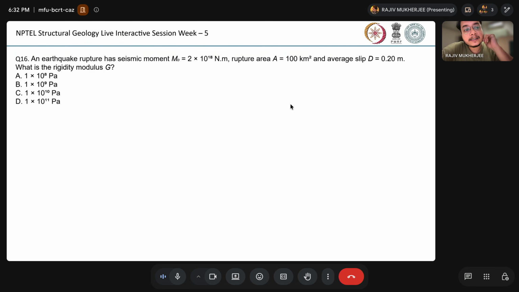So what is the rigidity modulus in this case if the material is failing? The options are 10 to the power 8 pascal, 10 to the power 9 pascal, 10 to the power 10 pascal, or 10 to the power 11 pascal, right?